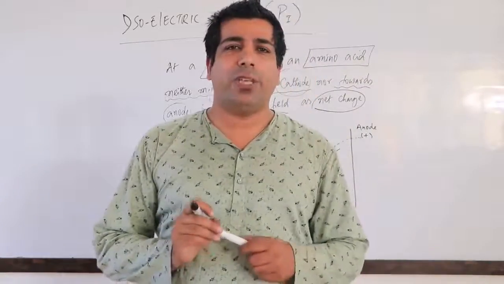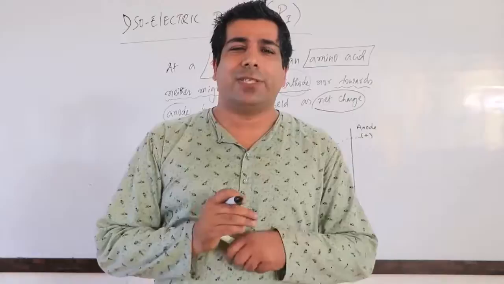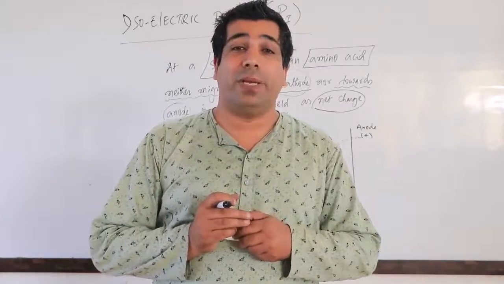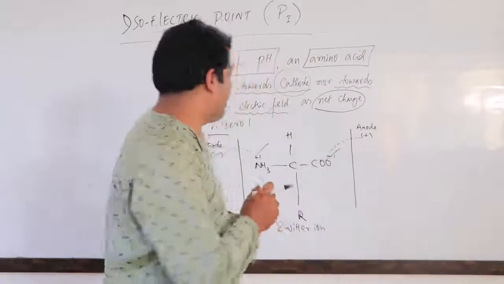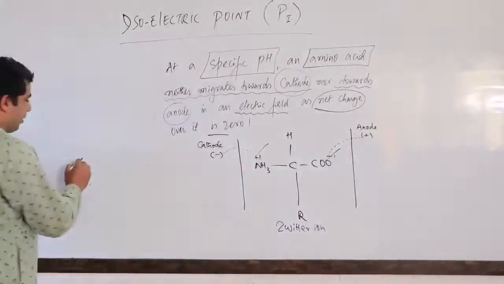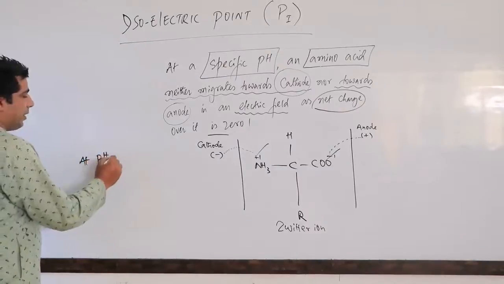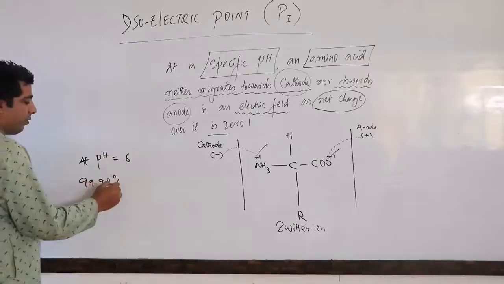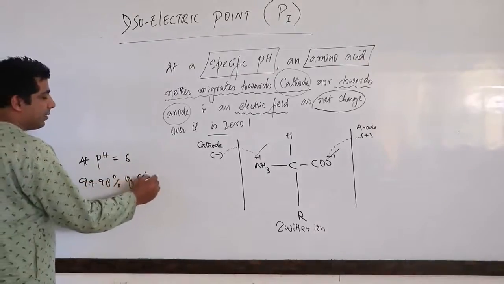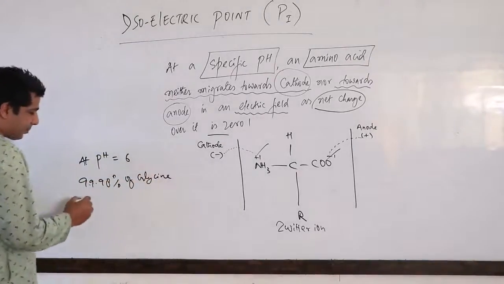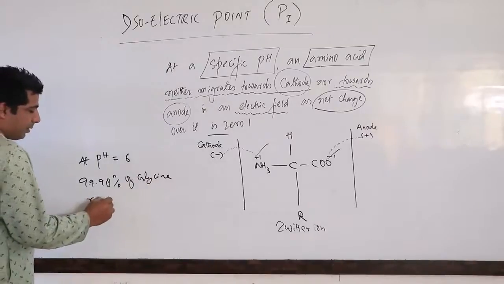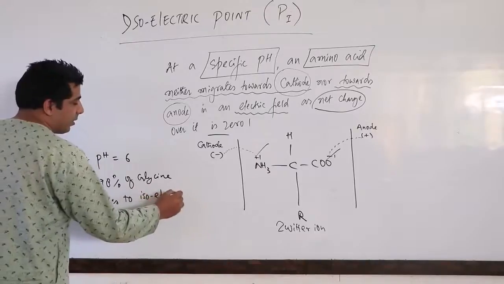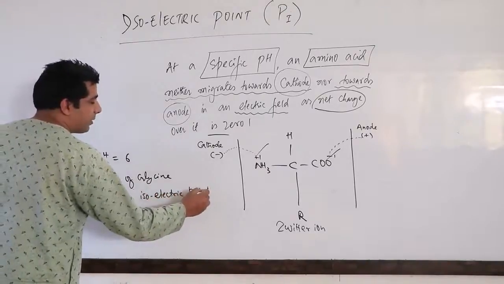And you know at which pH glycine reaches the isoelectric point? Glycine reaches the isoelectric point at pH 6. So I will tell you, at pH 6, almost 99.98% of glycine reaches the isoelectric point. What is the meaning of reaching the isoelectric point?